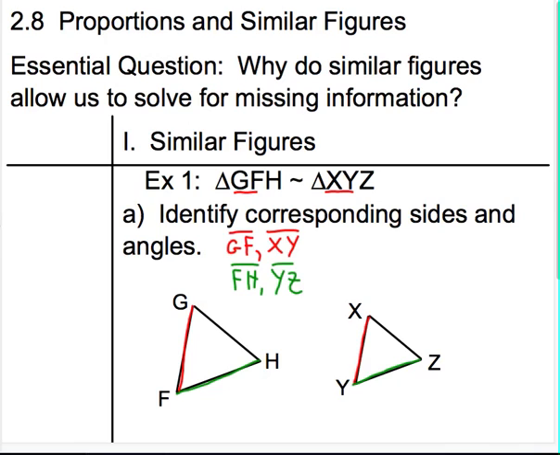And looking at the similarity statements, again, FH and YZ are in the same spot in the different triangles. And finally, we've got the last side, GH, corresponds to XZ. And looking at the similarity statements, we've got GH corresponds to XZ. So those are the corresponding sides.